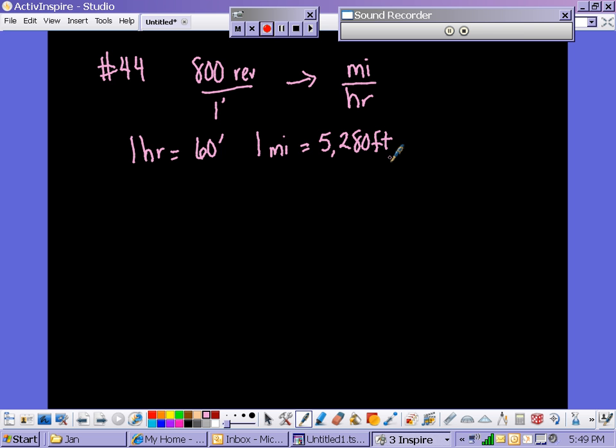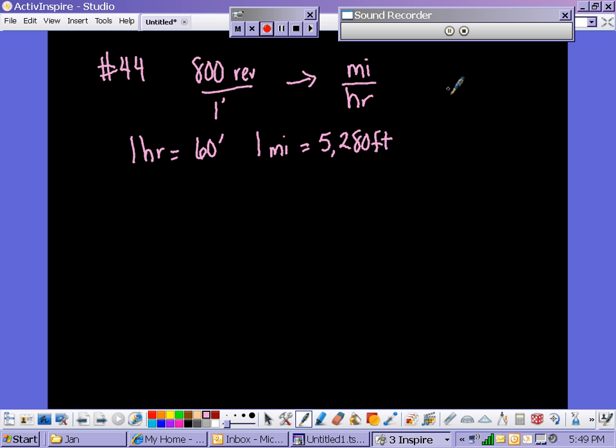And we can check that to make sure. Yes, 1 mile equals 5,280 feet. So I have inches and revolutions, I've got to get miles, and I've got to get hours.